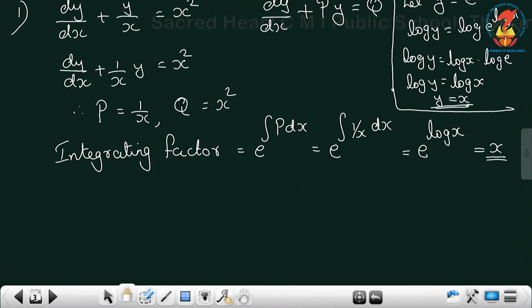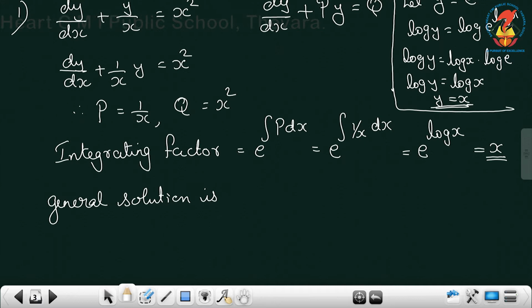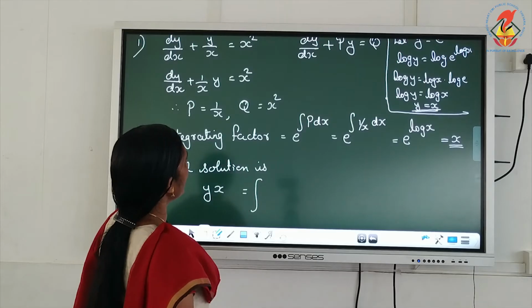Solution is, this is the general solution, not particular solution. General solution is y into integrating factor. The integrating factor is x. So y into x is equal to integral of right hand side into integrating factor.